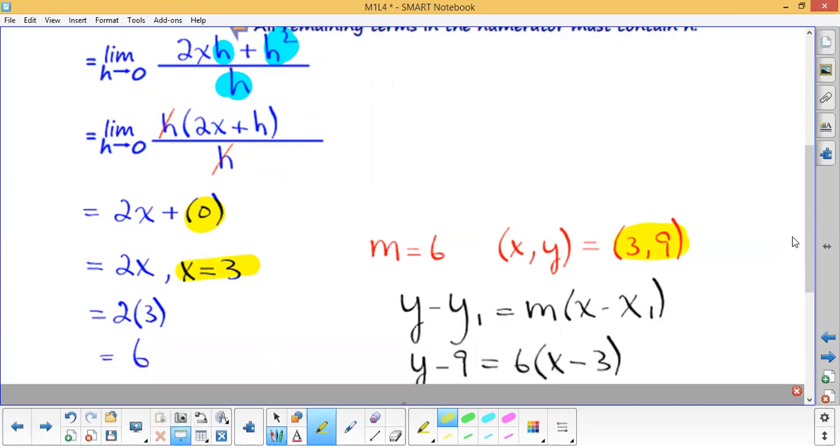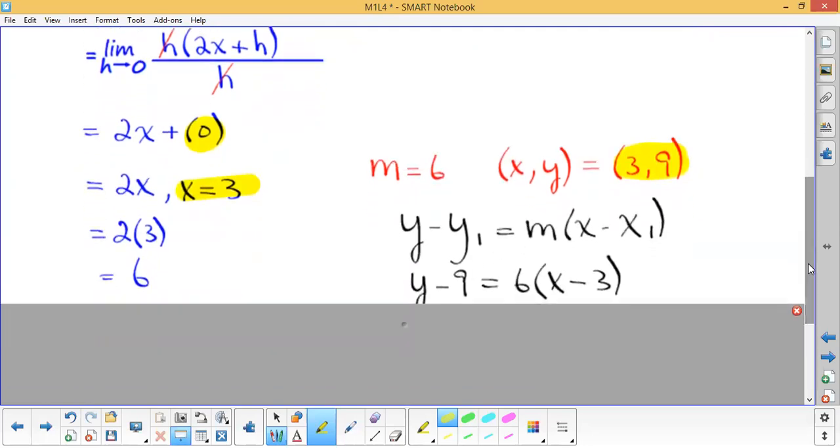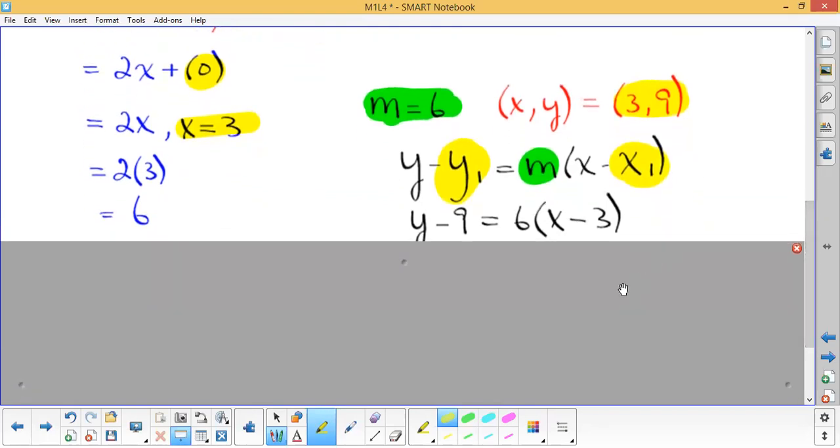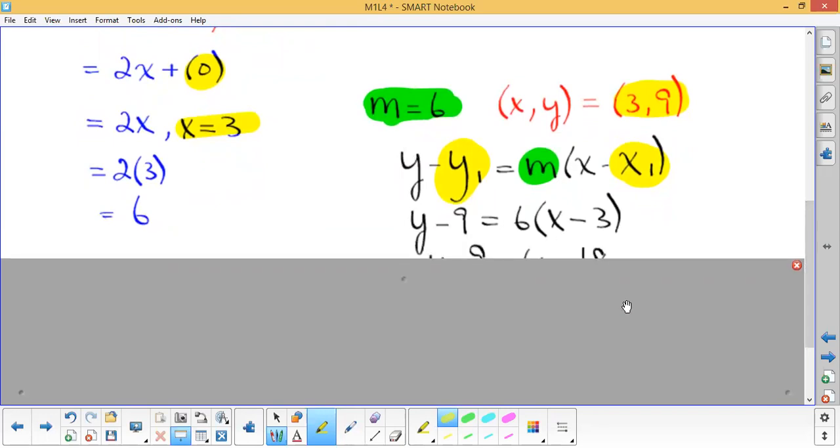So we can go back to grade 9 math. Now that we know that the slope is 6 and the point that we were given was 3, 9, I'm going to substitute my slope into the equation, and I'm going to substitute my x and y point that I've been given into my linear equation. You could also do this with y is equal to mx plus b.